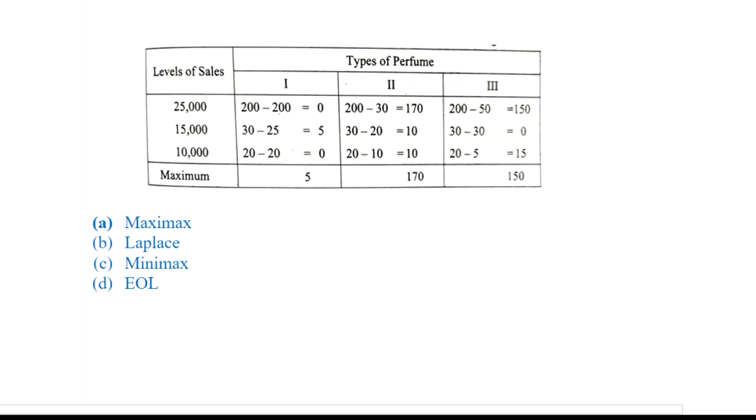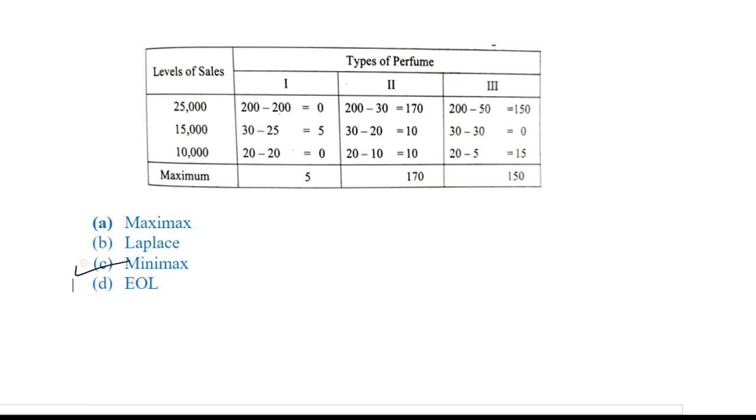Fine. So what would be the right answer? Because I'm taking type 1 as the best act, from the maximums that I have, 5, 170 and 150, I am choosing the minimum value corresponding to Act 1. So from the maximum, selection of the minimum is called the minimax criterion.